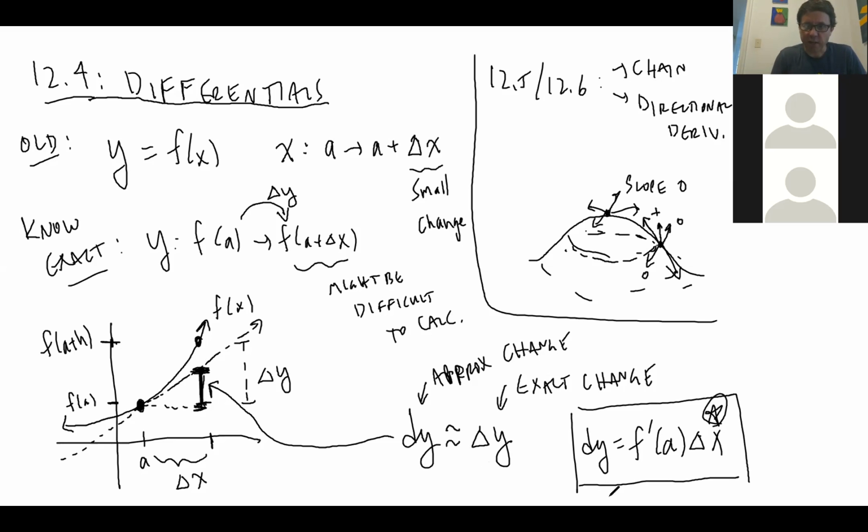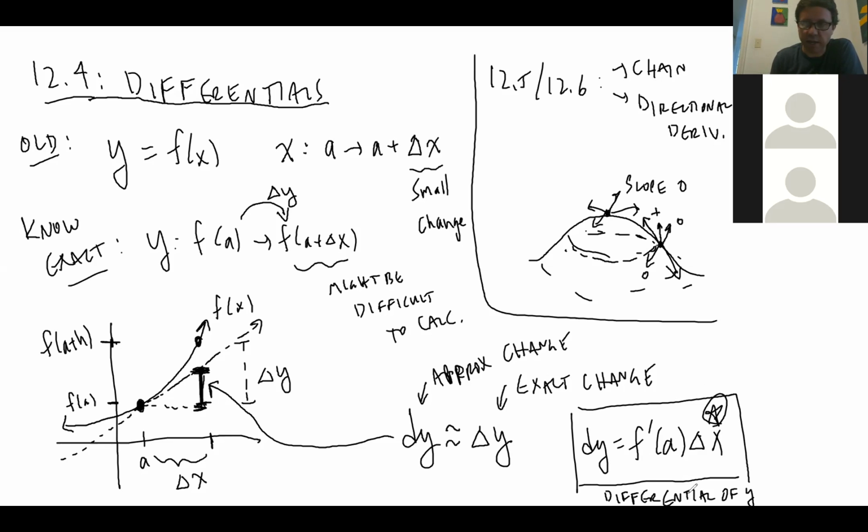But that guy right there, dy, is called the differential, not the derivative, but the differential of y. And if you want to approximate these changes, then you can just use a quick and dirty line, and boom, you're done. And I don't know if you remember any of that stuff from Calc 1, way back in the day, but that's the procedure.